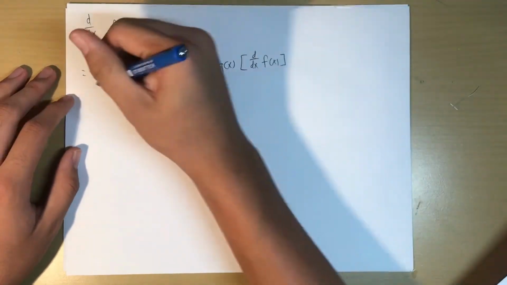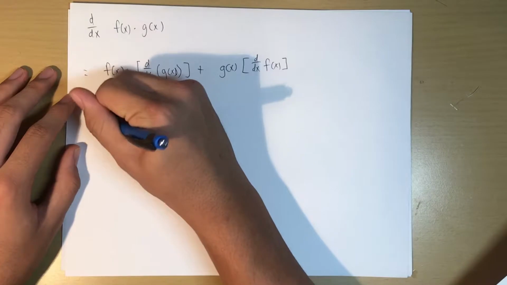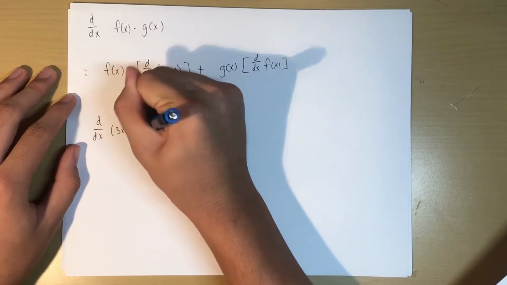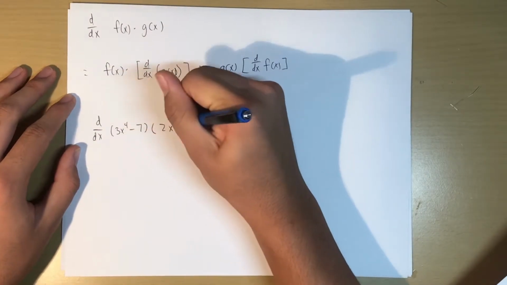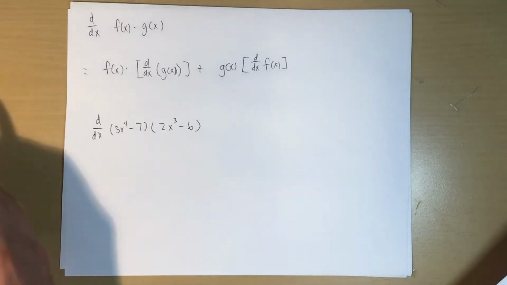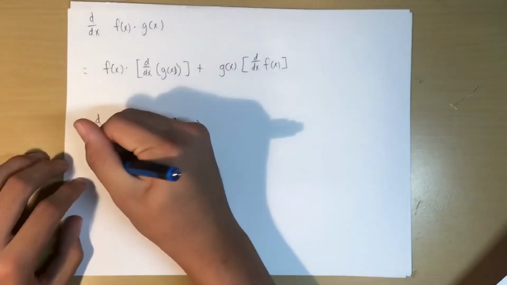Now let's look at some problems. Let's say we're asked to find the derivative of 3x to the 4th minus 7 multiplied by 2x cubed minus 6. So, you could just multiply this out and find the derivative, but that's probably too much extra work.